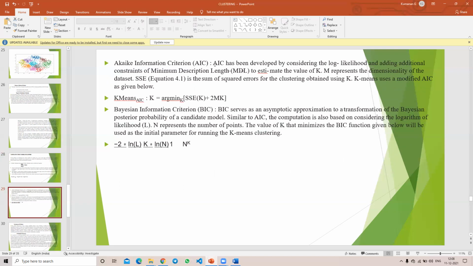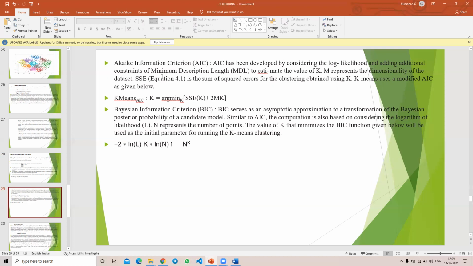SSE is the sum of square errors for clustering obtained using K. K-means uses a modified Akaike information criteria as given: AIC of K equals the minimum K of SSE of K plus 2mK. It is the equation of Akaike information criteria.